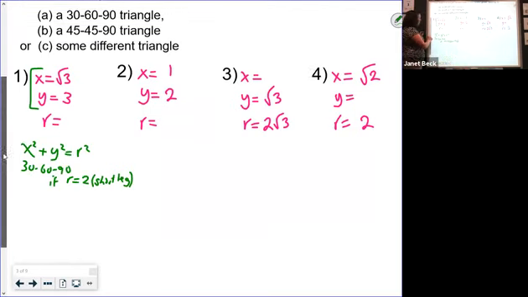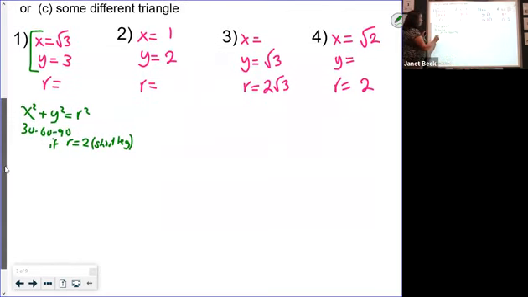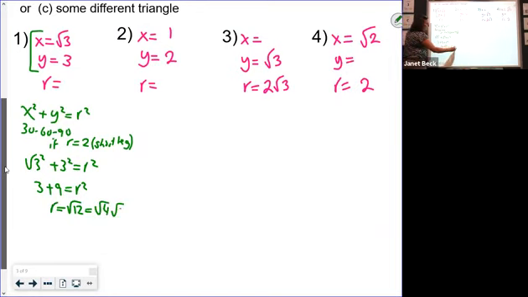Okay, so we've got square root of 3 squared plus 3 squared equals R squared. 3 plus 9 equals R squared. R equals the square root of 12. Simplify that. That's the square root of 4 times the square root of 3. So R equals 2 times the square root of 3.